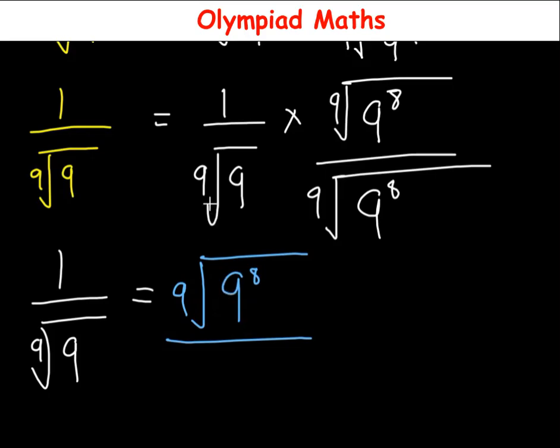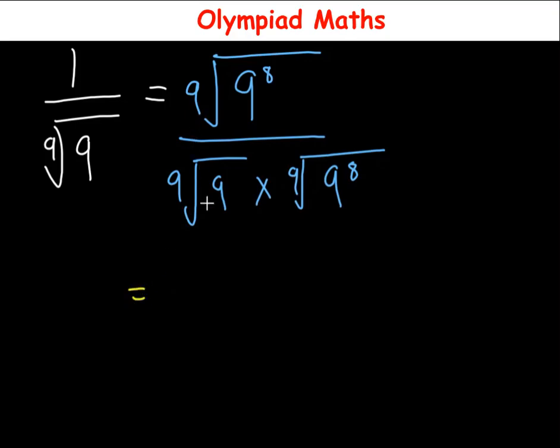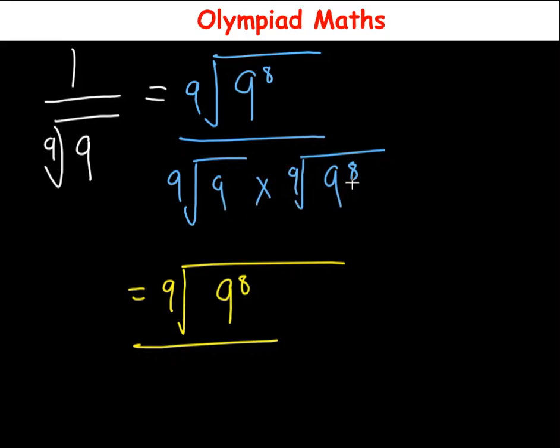Then all over, if we multiply the 9th root of 9 times the 9th root of 9 to the power 8, that becomes the 9th root of 9 times the 9th root of 9 to the power 8.